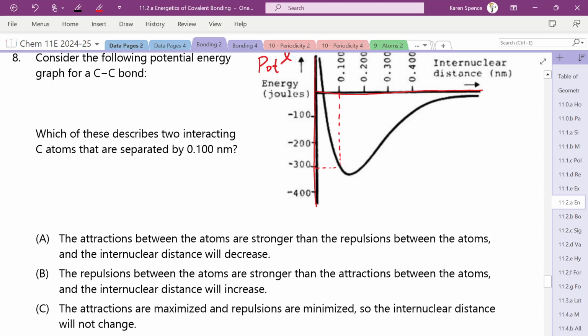Is that true? Yes. I watched one of the videos, and they said that if it's in the negative section, then the attraction is stronger. That's what the video said.